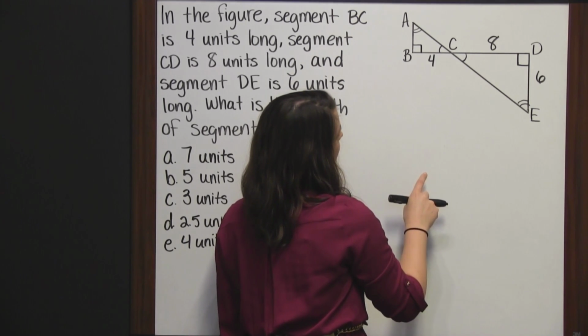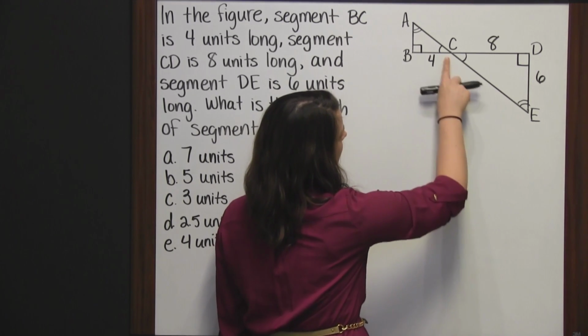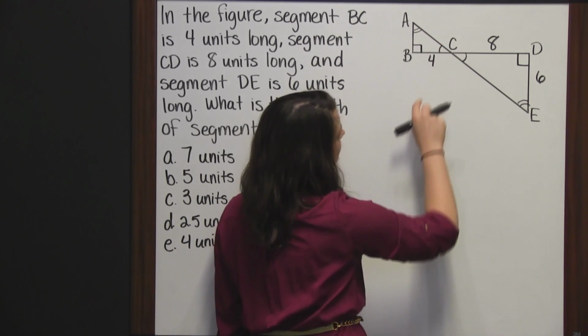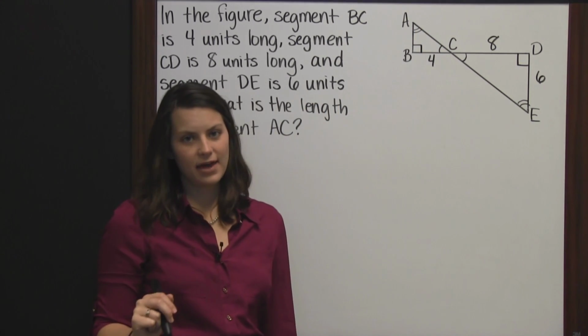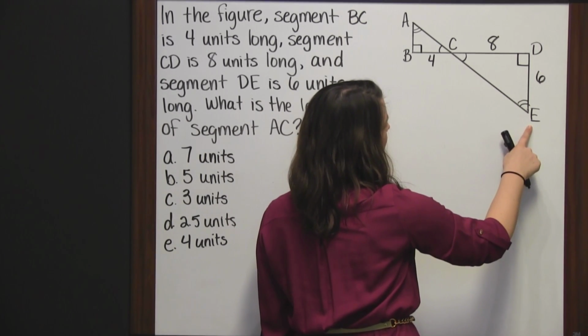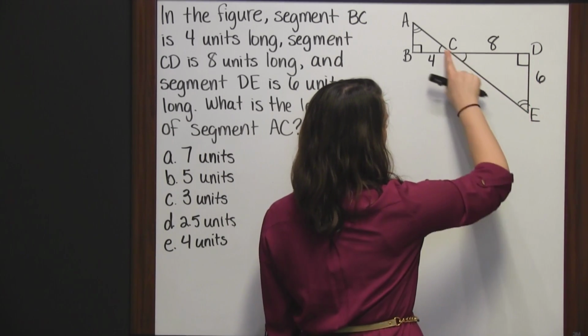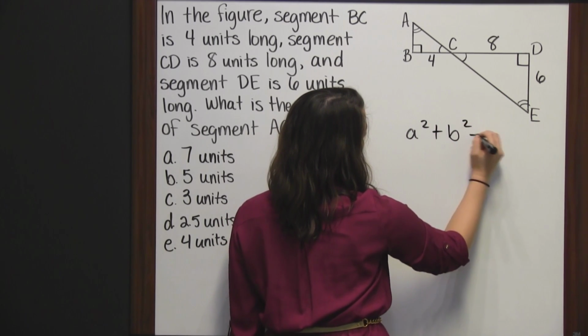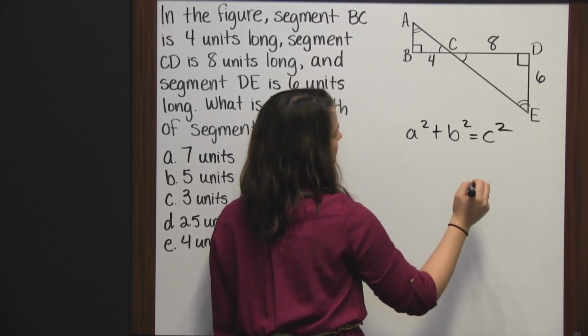So if we can find the length of segment CE, then we know the length of segment AC is half of that. We're going to find the length of segment CE using the Pythagorean theorem. A squared plus B squared equals C squared.